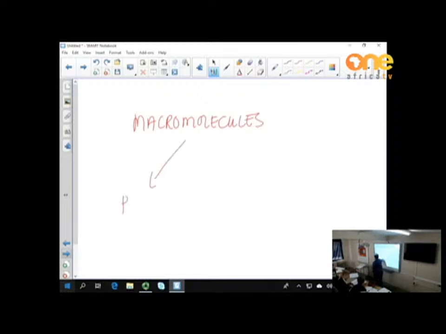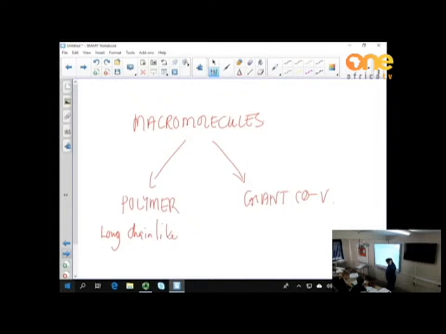The one is a polymer, and the other is a giant covalent structure. The definition of a polymer is a long chain-like molecule. Your hair is a polymer, long chain-like molecules. Keratin is a polymer.